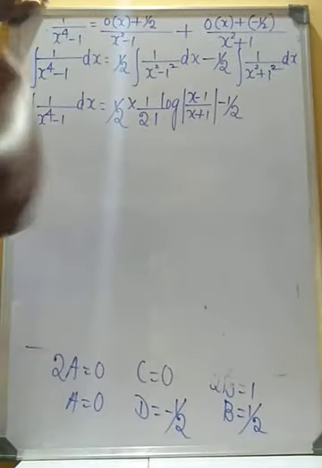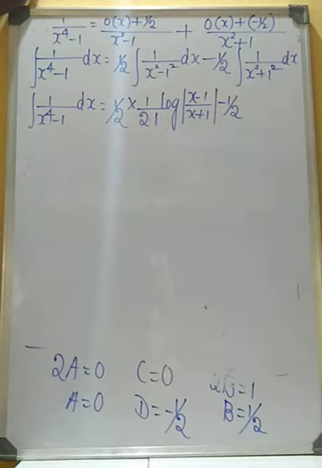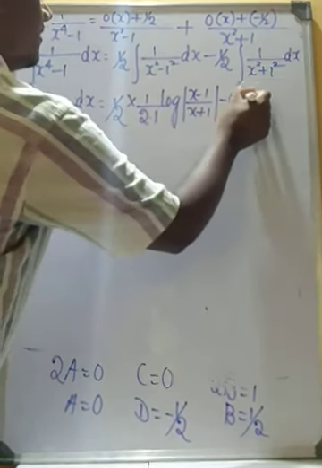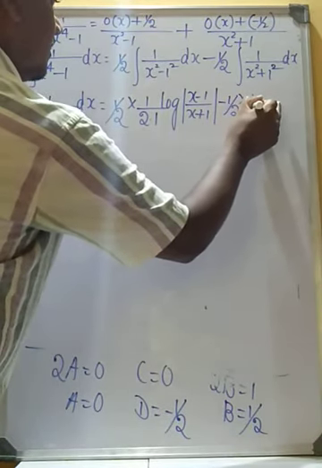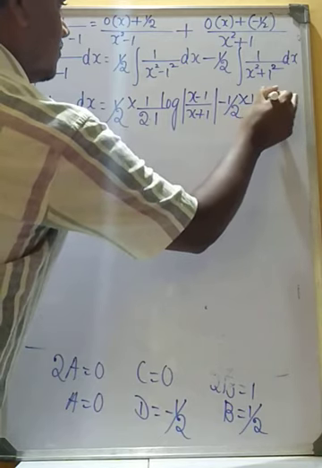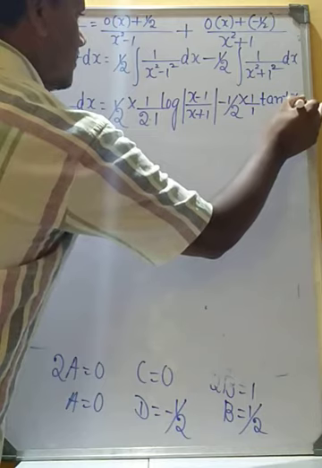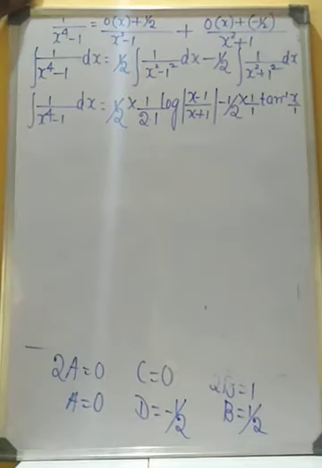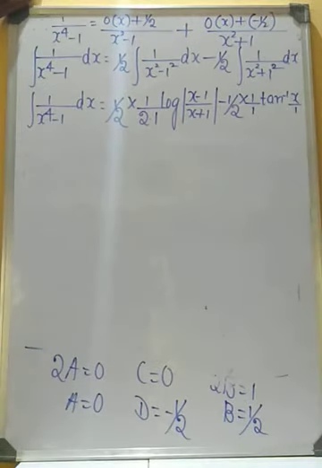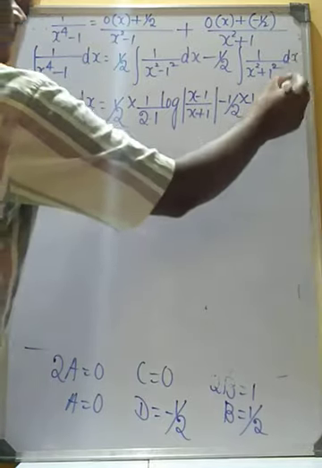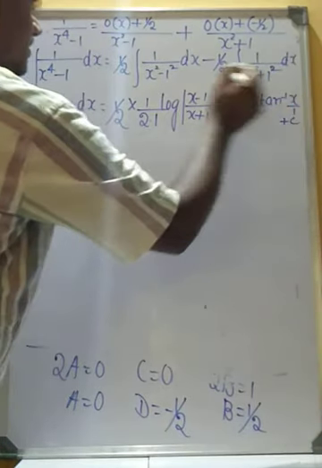Here also a is 1, that is also formula 1 divided by a. What is a? 1 into tan inverse of x by a, that is 1 by a into tan inverse of x by a plus constant of integration c.